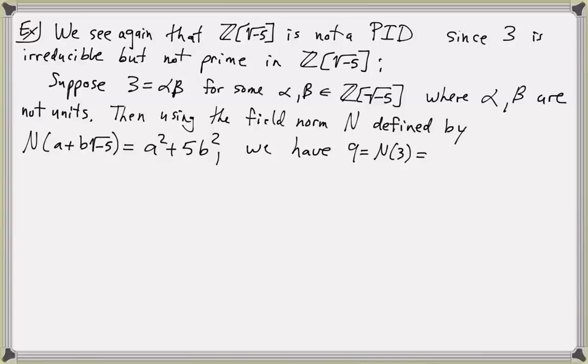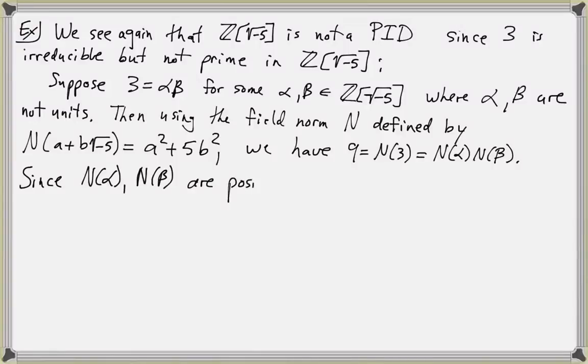But since the norm is multiplicative, this is equal to the norm of alpha times the norm of beta. Now we're dealing with integers here, so the norm of alpha and the norm of beta are positive integers, and these are positive integers that divide 9.